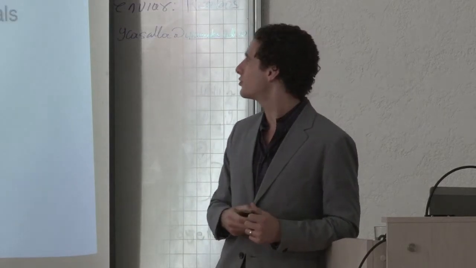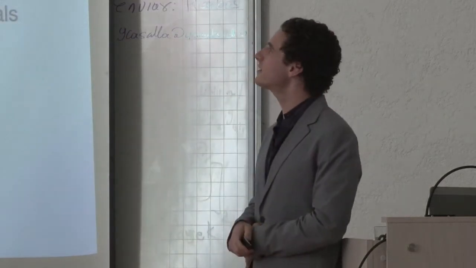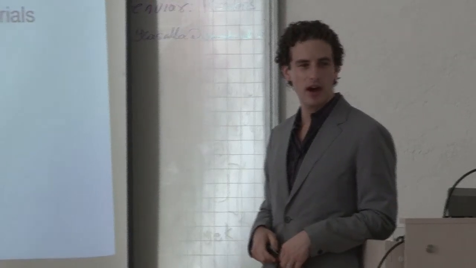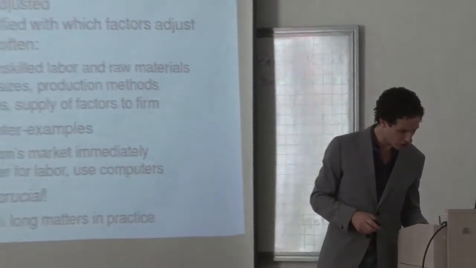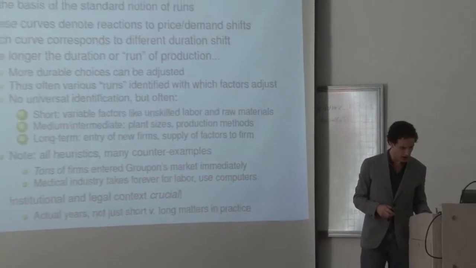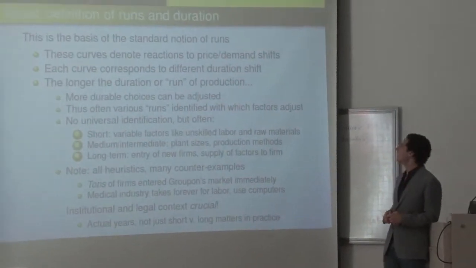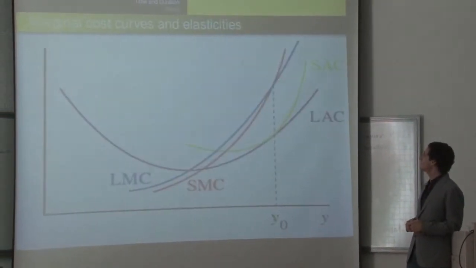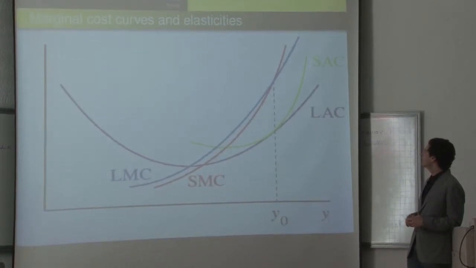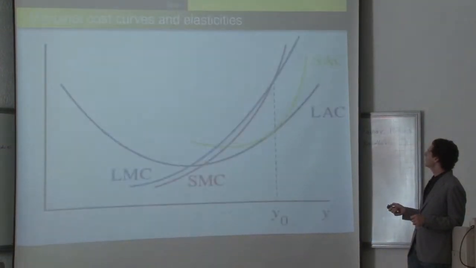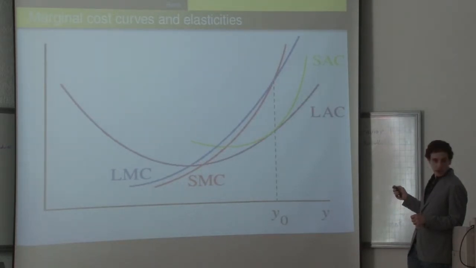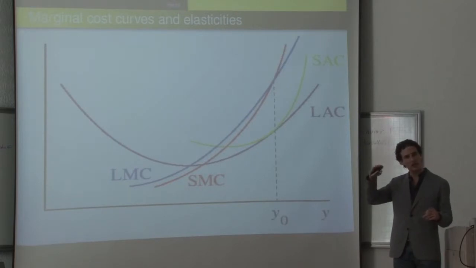Okay, so what is the classic relationship among these curves when we allow people to adjust more things? Well, the typical relationship is that the long run and short run marginal cost curves, and therefore supply functions, cross at the same point when we're at the initial equilibrium, right?